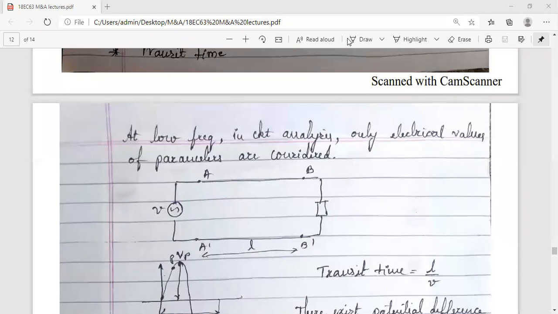What is that transit? It is the transit time effect. That effect exists for higher lengths, at higher frequencies. Okay, good, Faika. Transit time effect.